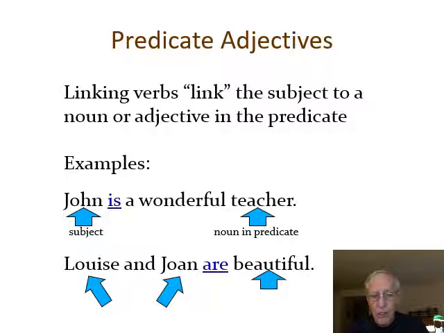Teacher does not actually describe John. It simply renames him. On the other hand, we have Louise and Joan are beautiful. Okay, we have compound subjects. We have a plural verb, which is a linking verb. Beautiful. It's an adjective in the predicate adjective that modifies both Louise and Joan.